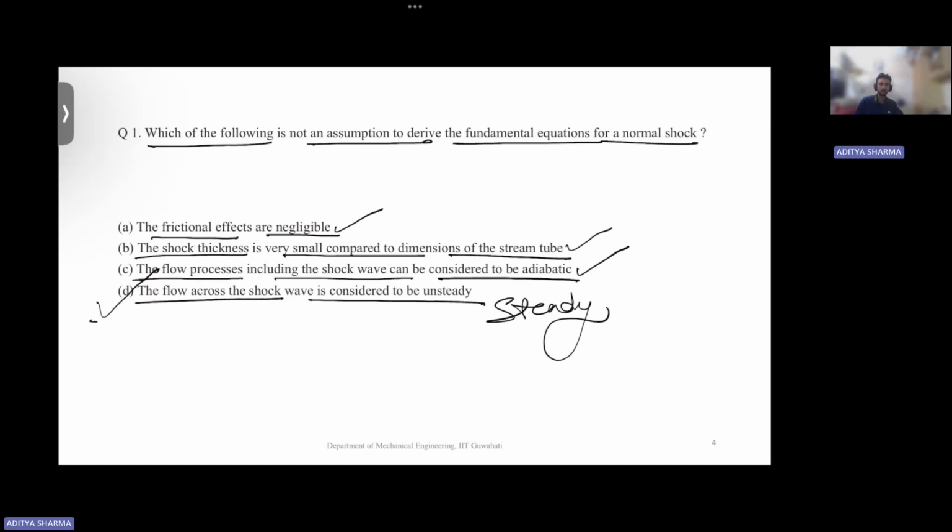Though the changes are abrupt, okay, steep changes are there, but even then the flow is considered to be steady across the normal shock wave to get the fundamental equations of it. So D is the correct answer to this question.